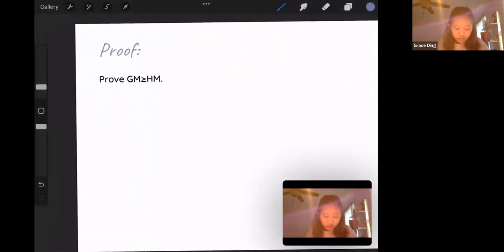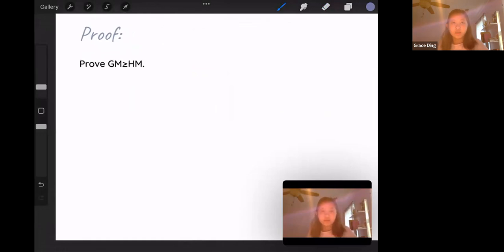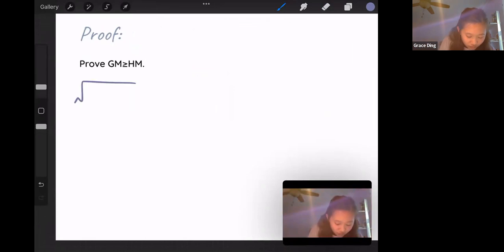So let's prove that the geometric mean is more than or equal to the harmonic mean. So I'm just going to set this up real quick.